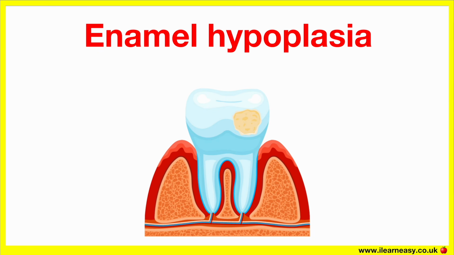The treatment for enamel hyperplasia depends on its severity. Alongside regular dental monitoring to prevent decay, some treatment options are fluoride treatment to strengthen the enamel, bonding or resin fillings, or crowns in severe cases.